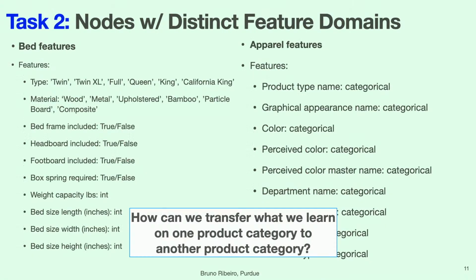For the second part, the challenge is this. We have some features that are very different in different domains, right? So if I'm talking about a relational database, maybe I have some beds, and the beds have different set of features, right? Twin type, the material, the size of the bed, etc. And then if I talk about clothes, then there is the type of the color, there are different features.